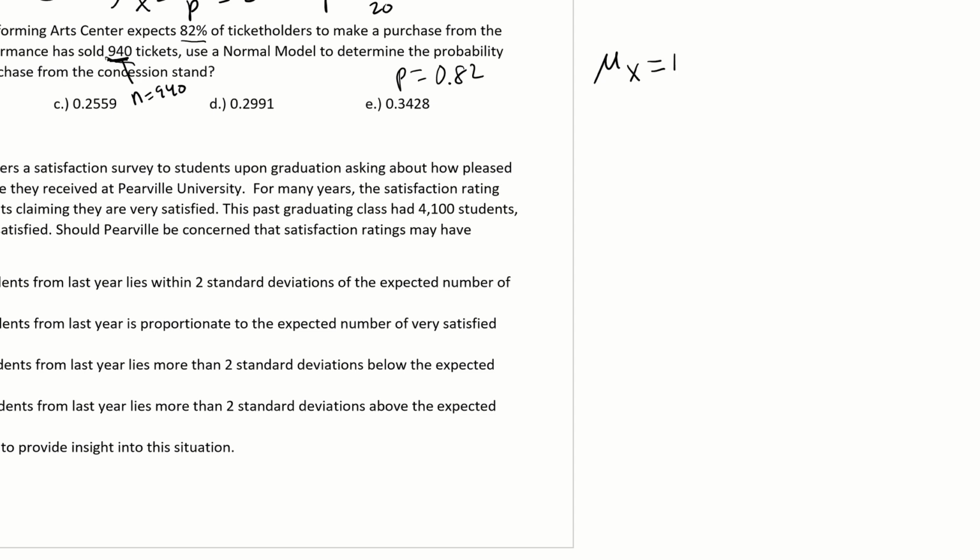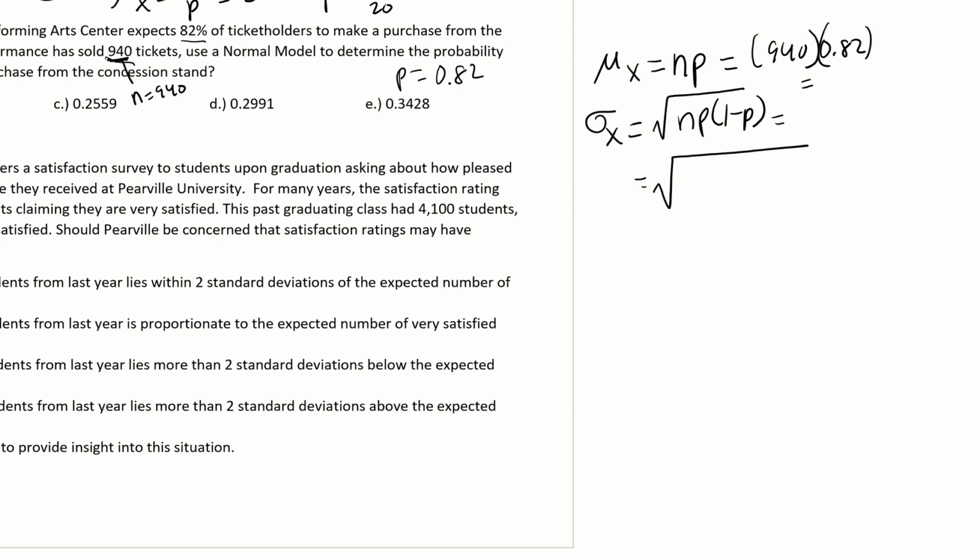So we're going to use np for the mean for the normal model. n times p is 940 times 0.82, and then we'll figure out the standard deviation as well. I'll just write it out here.